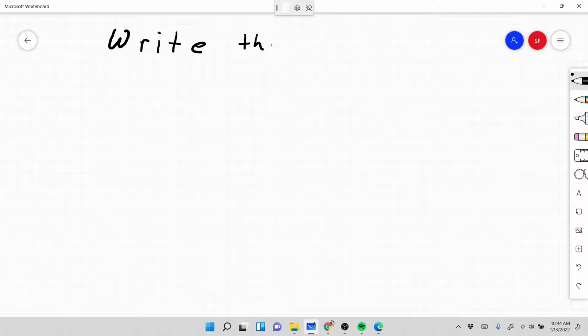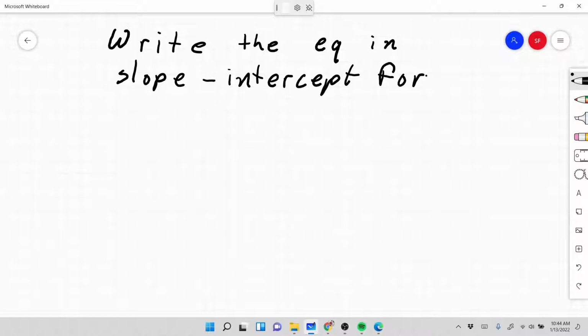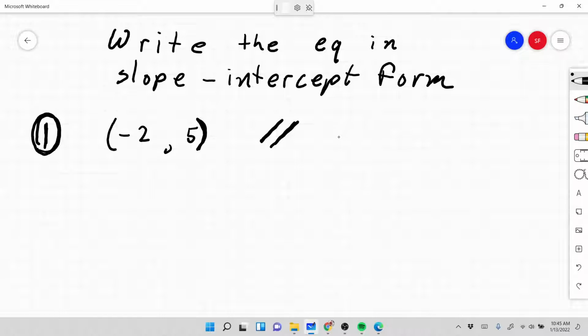the equation in slope intercept form. For the first one, we want the line that passes through the point (-2, 5) and is parallel to the line -3x plus y equals 16.